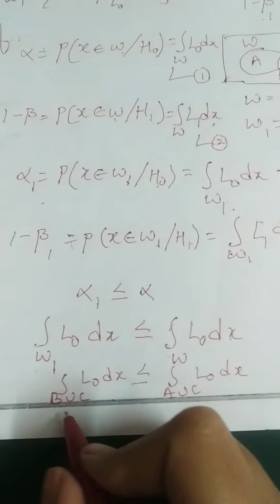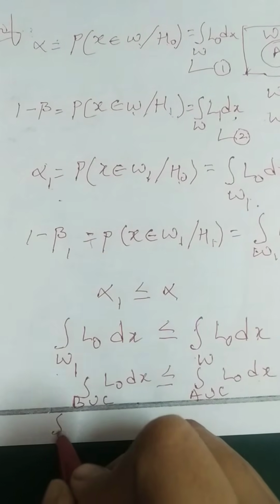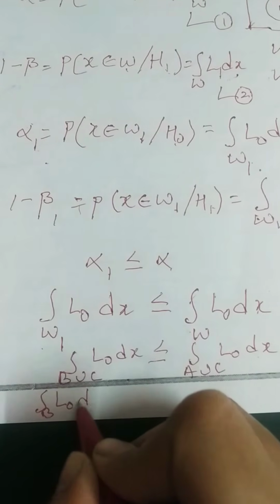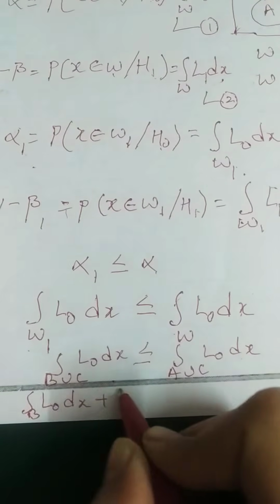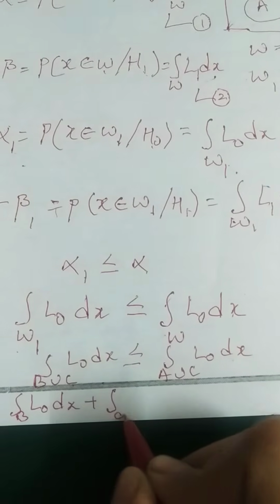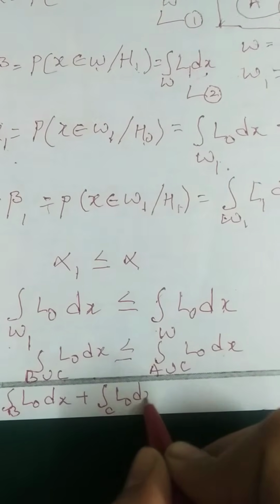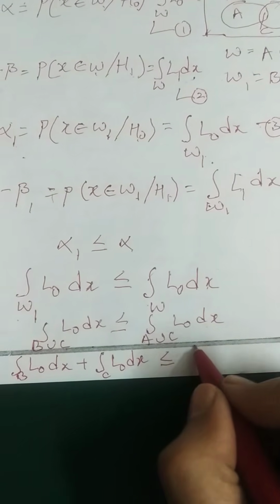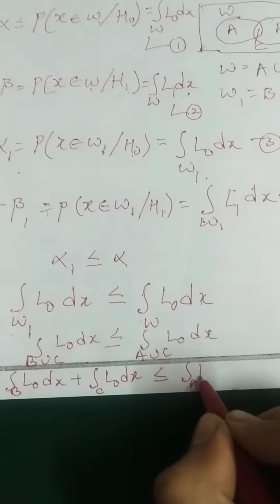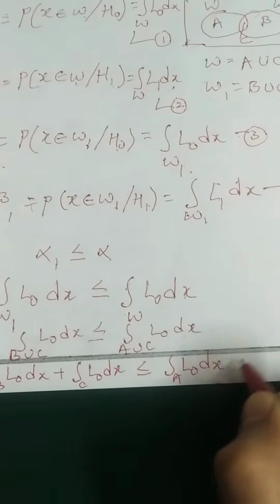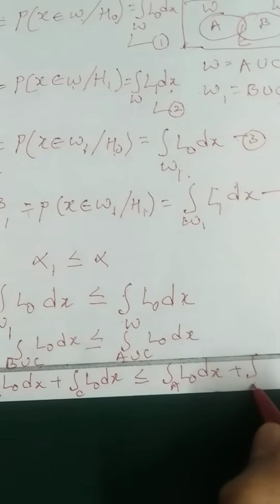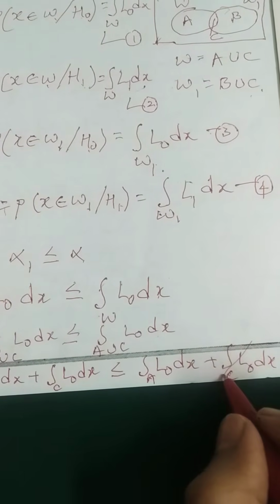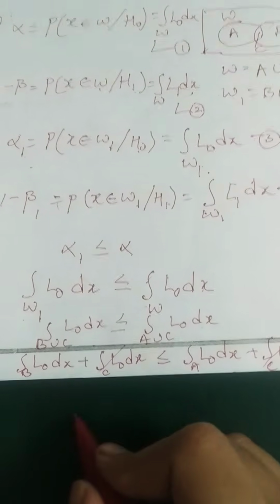We can write the integral over B union C as the integral over B of L naught dx plus the integral over C of L naught dx. Then this is less than or equal to the integral over A of L naught dx plus the integral over C of L naught dx. That means the C L naught dx terms on both sides will get cancelled.